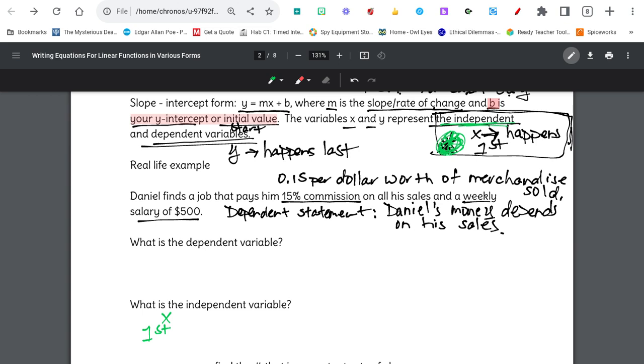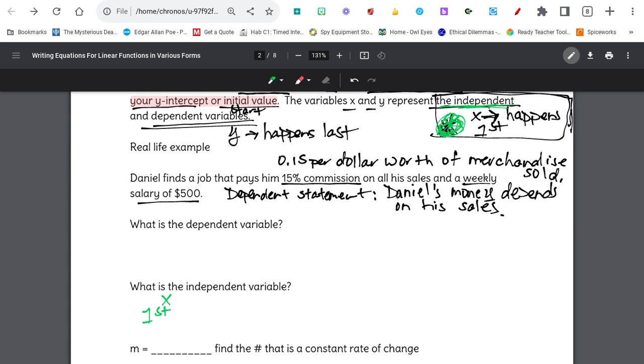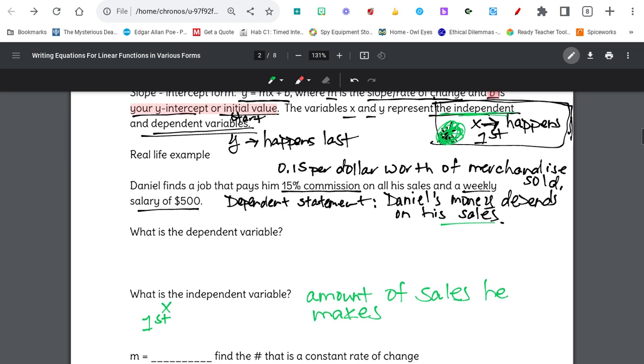Well, what has to happen first? Well, Daniel needs to sell something, okay? So his independent variable X will be the amount of sales he makes. If he doesn't sell anything, he'll still get a check because he has a weekly salary, but it won't be much of a check, okay?